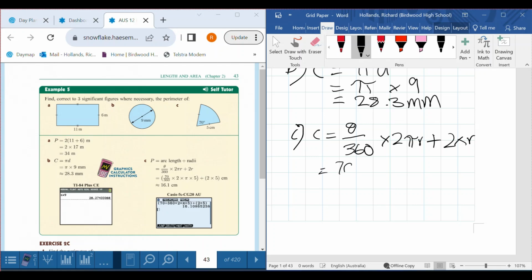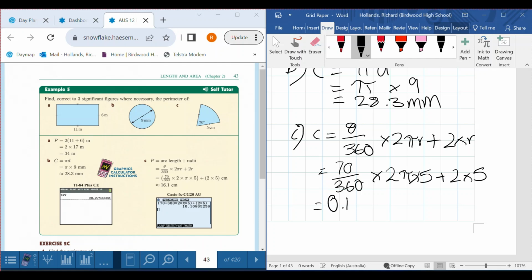So that gives us 70 over 360 times 2 pi times 5 plus 2 times 5.